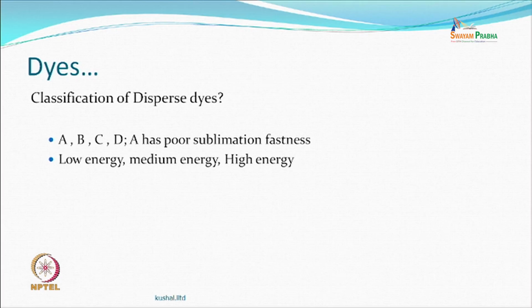If it's very high, then it is D. Also, they are sometimes classified as low energy, medium energy, and high energy. Low energy means you require less temperature for sublimation, and medium energy is in between, and high energy means you require more energy for sublimation.